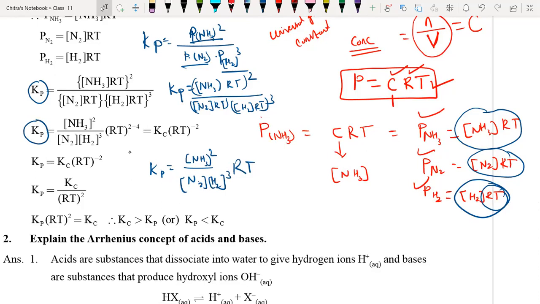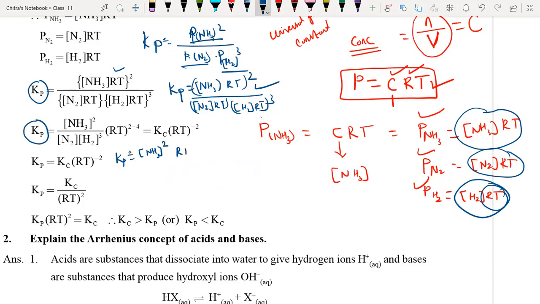I'm separating each and everything first. Kp equals concentration of NH3 to the power 2 into RT to the power 2, divided by concentration of N2 into concentration of H2 to the power 3, into RT into RT to the power 3.